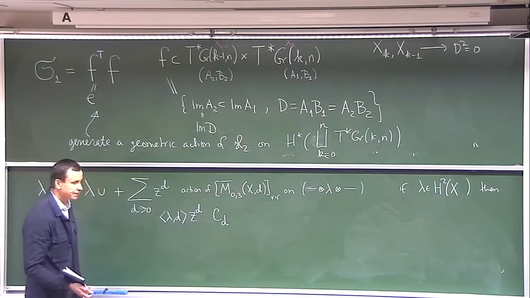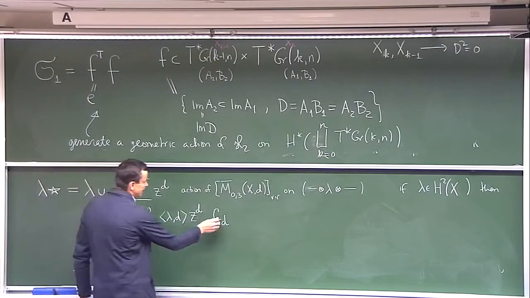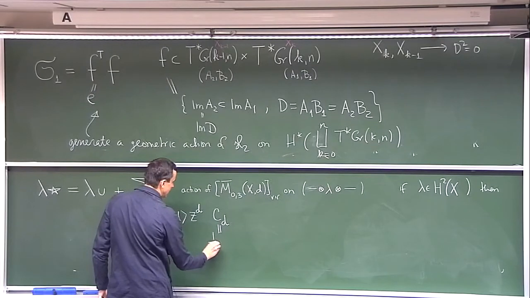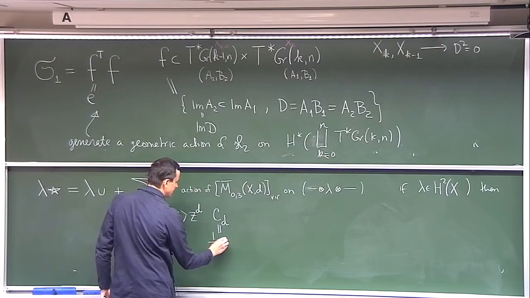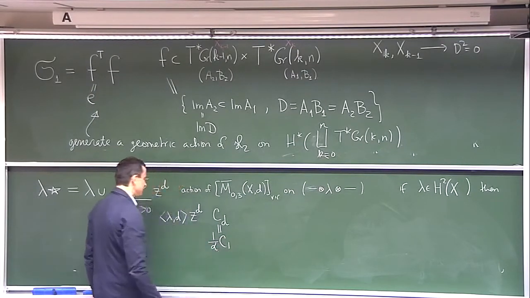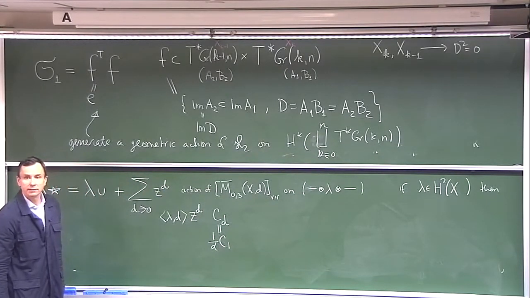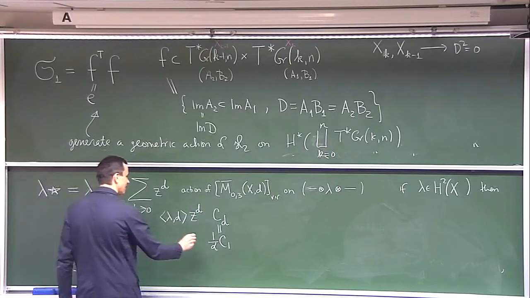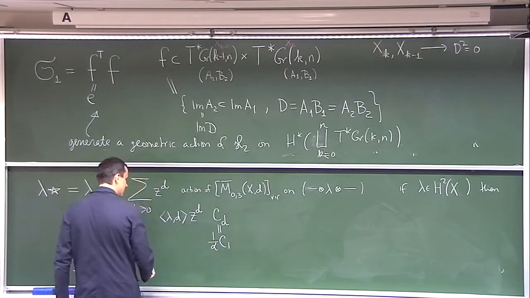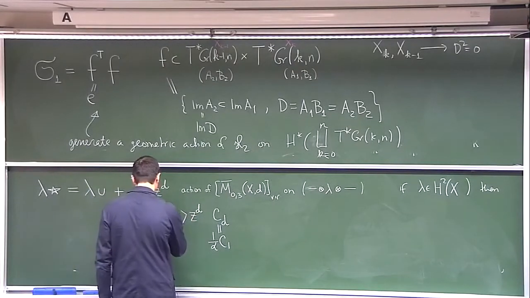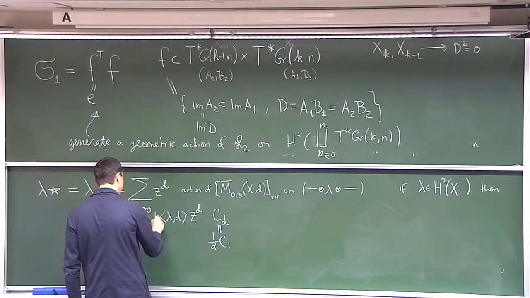Okay. And so this c d is 1 over d times c1. What? H bar. Oh, right, H bar, right, exactly. So I get H bar.